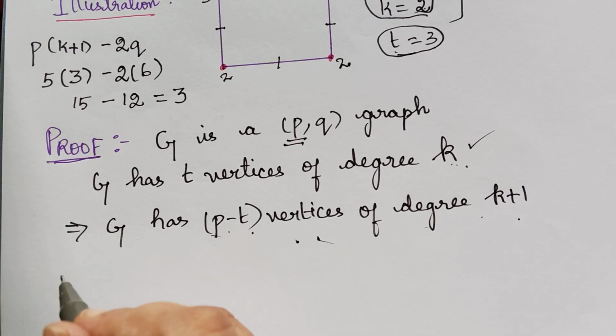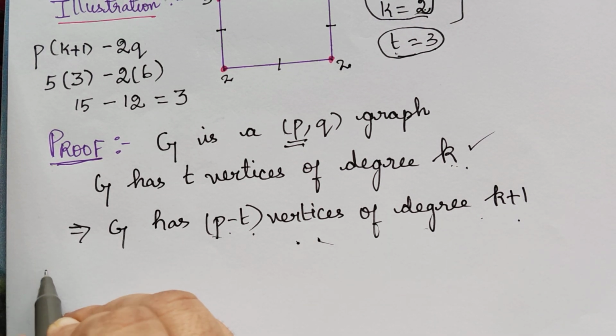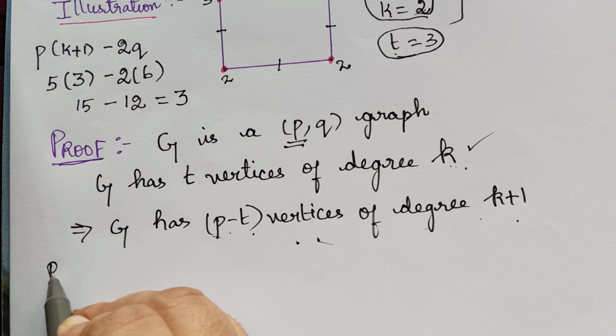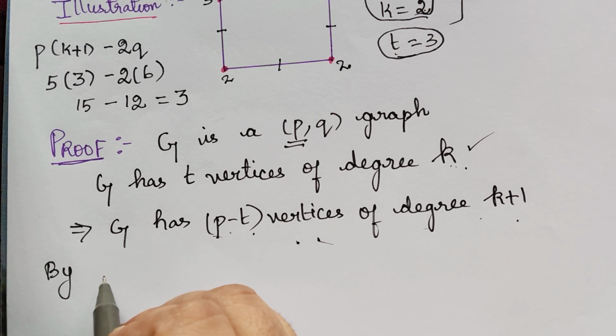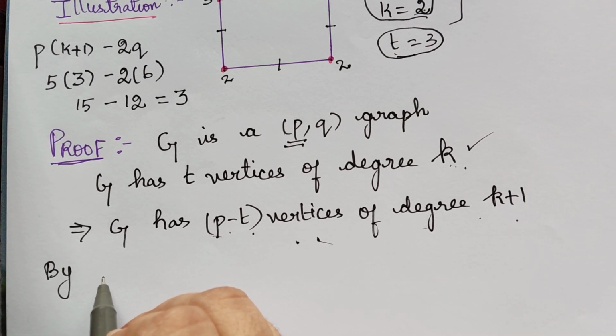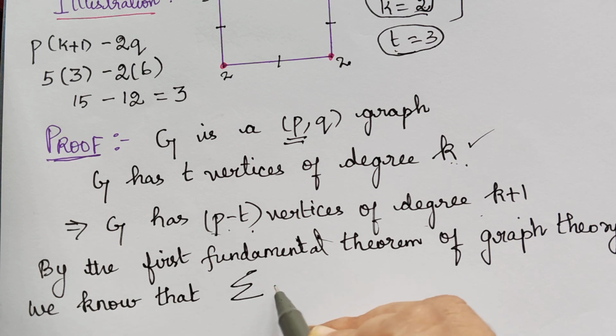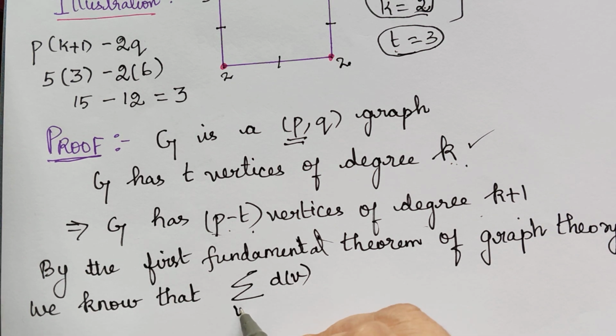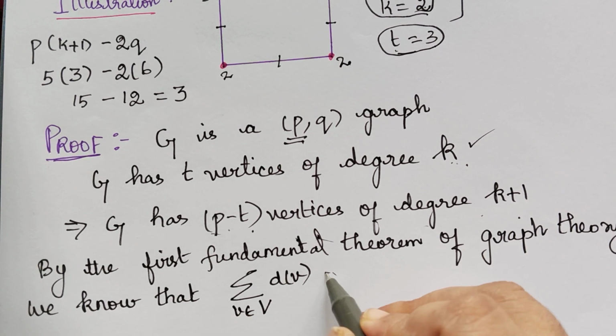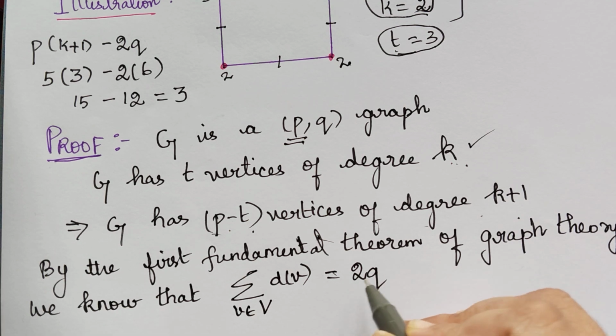Now, we are going to prove this with the help of the first fundamental theorem of graph theory. By the first fundamental theorem, the summation of degree of v, for v an element of V, is equal to 2q, twice the number of edges.